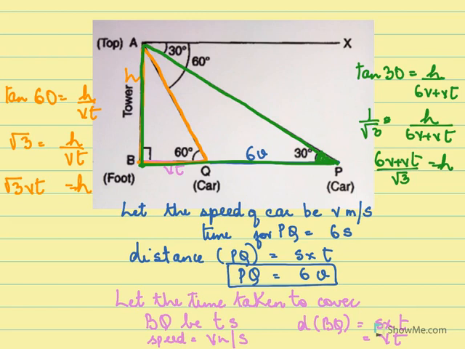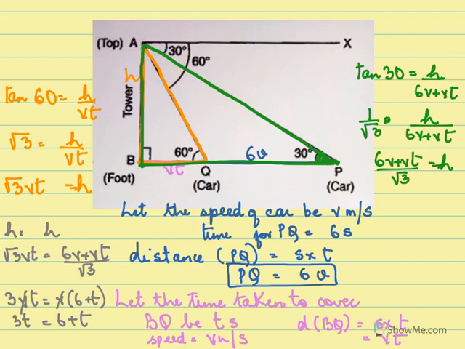To equate for h, we did h equal to h, that is root 3 vt equal to 6v plus vt over root 3. Cross multiply, 3 vt, v common out, 6 plus t. You cancel it, 3t equal to 6 plus t, 2t equal to 6, t equal to 3 seconds.